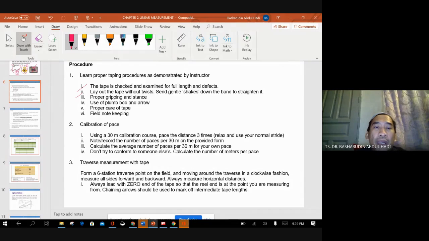Okay, number 2, lay out the tape without twist. So when you measure from point A to point B, make sure your tape is not twisted. It must be straight and flat. Give a gentle shake down the band to straighten it.